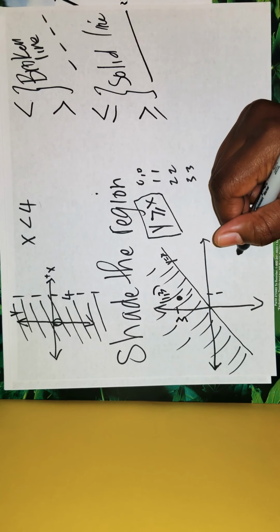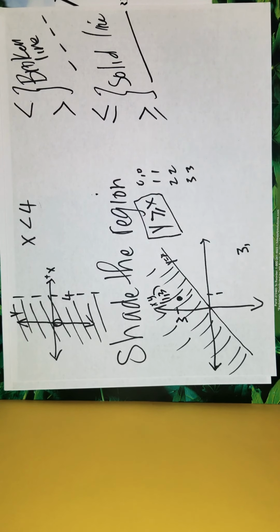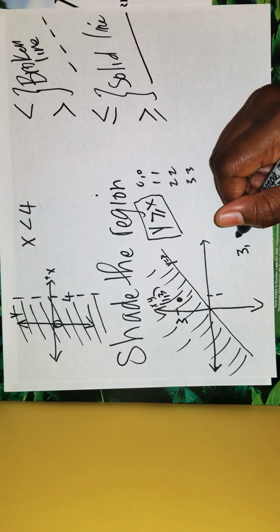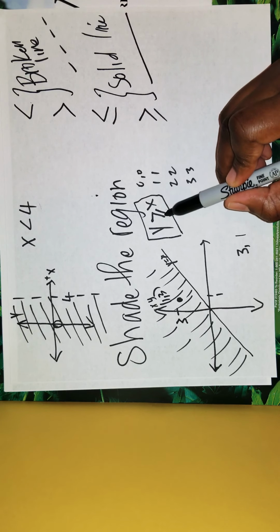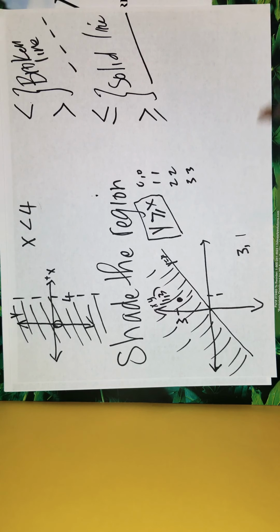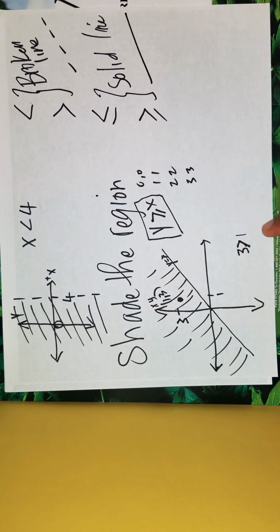The value of y is 3 because it's on the y-axis, and that's the xy point. When y is 3, we see x is 1. y is greater than or equal to x means y can be bigger than x or it can be equal to it. So in this case, y is 3, and you see that 3 is greater than 1.